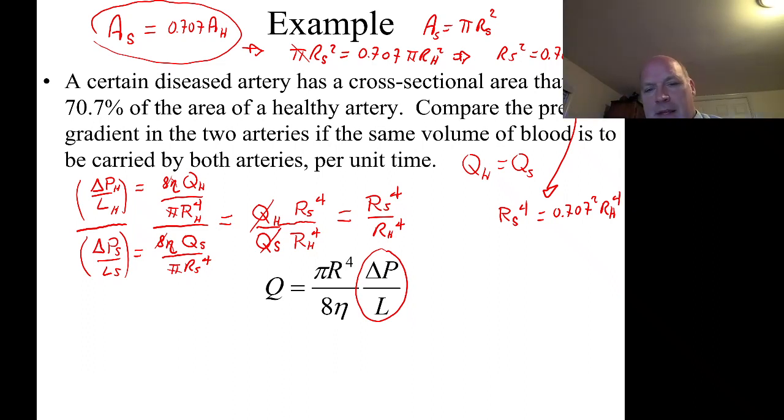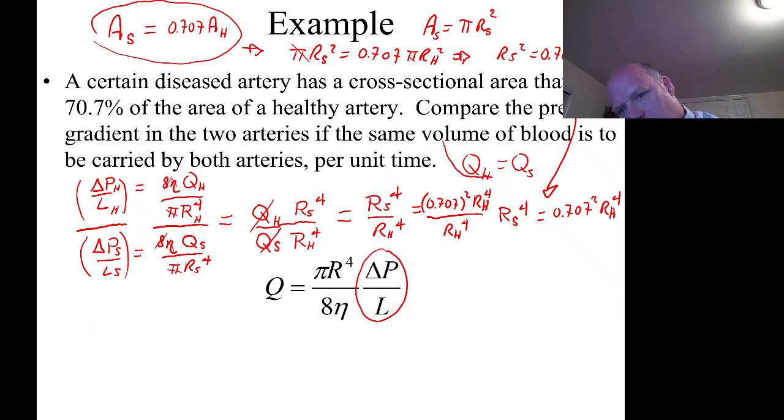Right? Now I'm going to plug this in. Let me get rid of this arrow. 0.707 squared R to the fourth, or R healthy to the fourth.